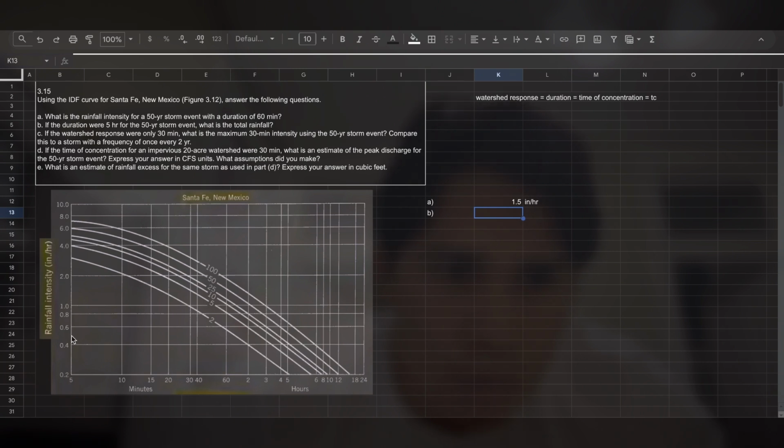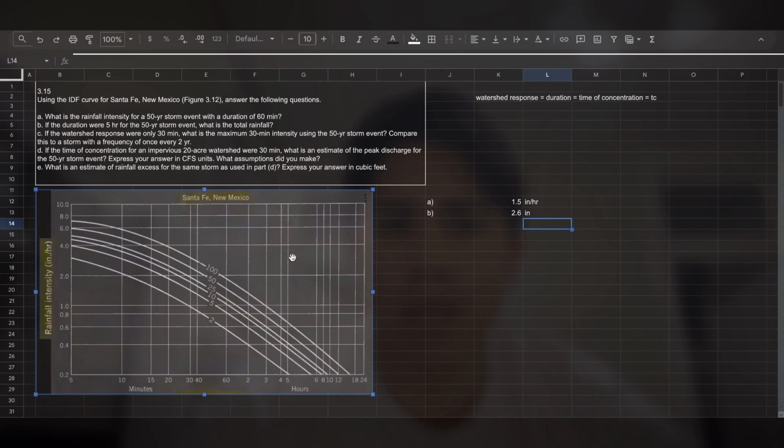You will go to about 0.5, I would say it's 0.52. So if you do 0.52 inches per hour times 5 hours, it will give you about 2.6 inches. And that will be the total rainfall for those 5 hours in Santa Fe, New Mexico for that event.